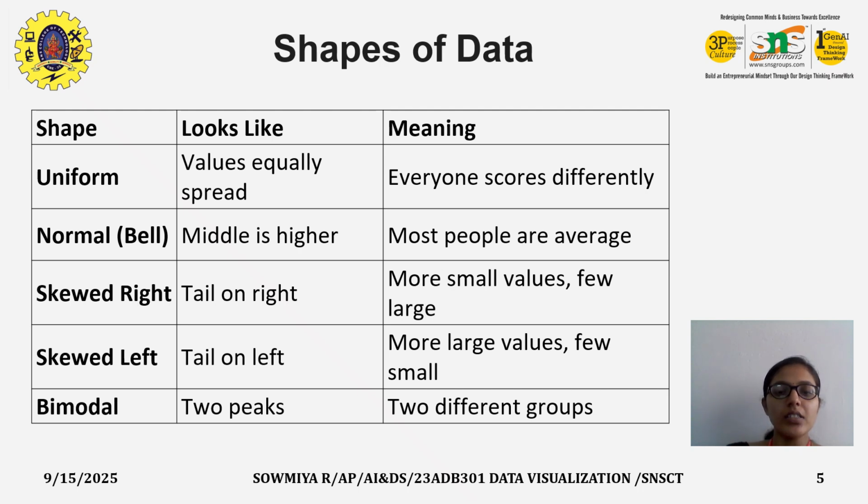For instance, income distribution is usually skewed. Most people earn average salaries, but a few earn very high amounts. Then third one is uniform distribution, where values are equally likely, like rolling a fair dice. Recognizing the shape of data is important because it influences which statistical methods we use.